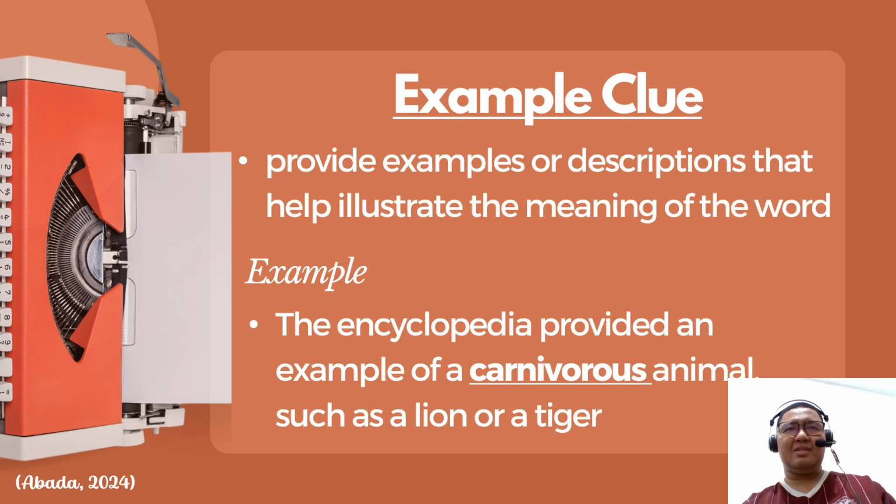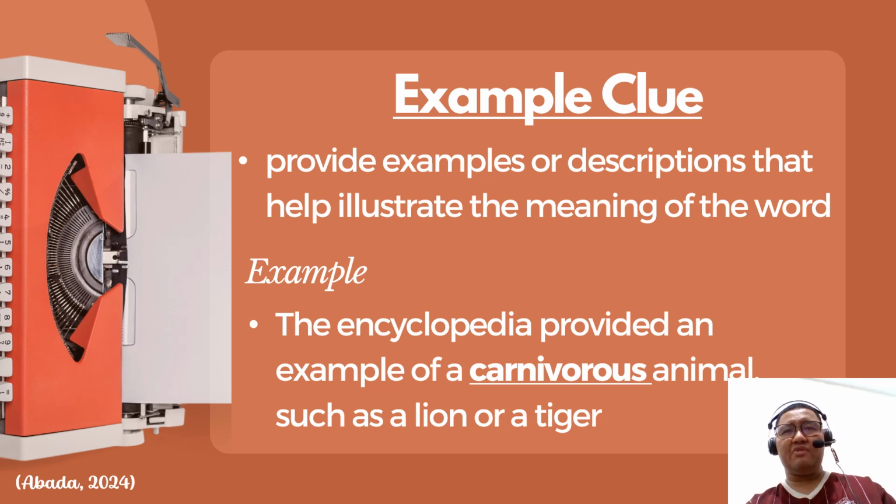Another context clue that you need to know is what we call the example clue. Sentences that use example clues provide examples or descriptions that will help illustrate the meaning of the word. For example, the encyclopedia provided an example of a carnivorous animal, such as a lion or a tiger. We have the word carnivorous, bold and underlined here.